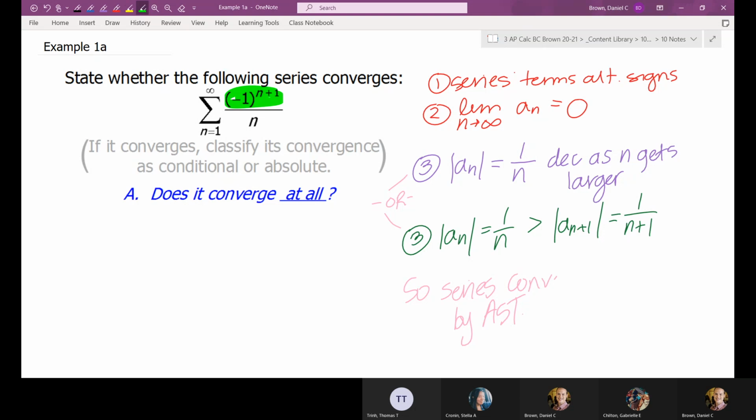If there had been an actual function plugged into that raised to n+1, and that's what's caused it to bounce back and forth, that's what's going to cause 3 to fail. And to be completely honest, when we did the alternating series test for calculus, I have not seen one where 2 is true and 3 wasn't true.